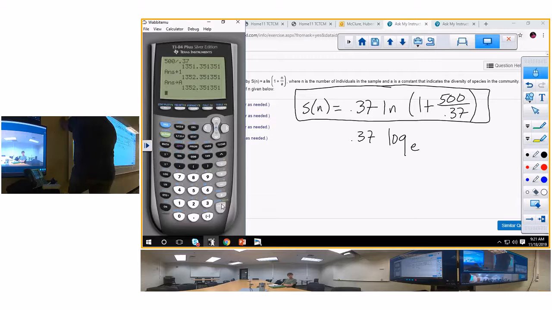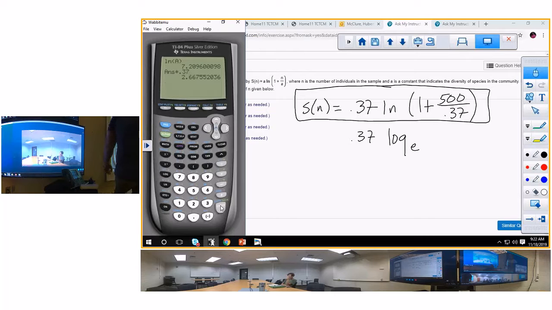Now, natural log, alpha A, close parentheses, and multiply by 0.37. Now, I don't know what we got the first time, but it's not going to be the same. Is it about the same, or is it close? It's a little bit different. So, still 2.67, but I don't know what they round to. Let's look and see what they round to.